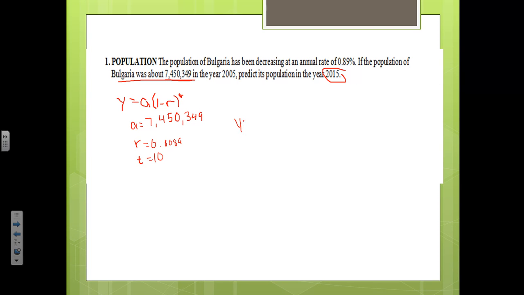So we'll take it and plug it into our general equation. And we will simplify from there.